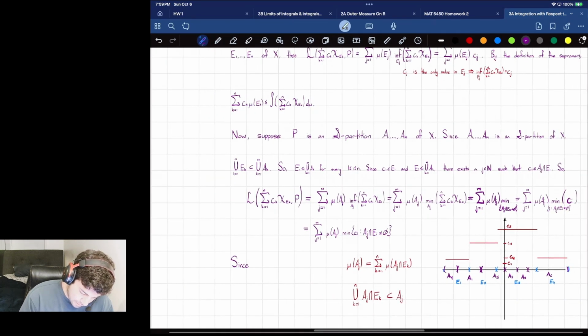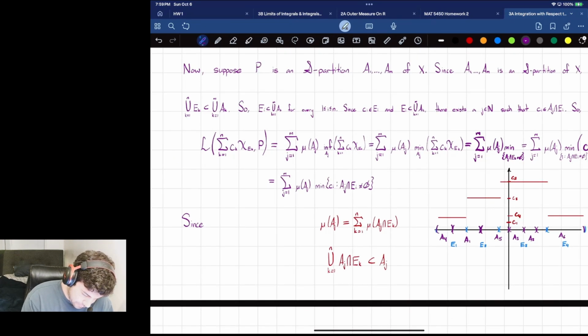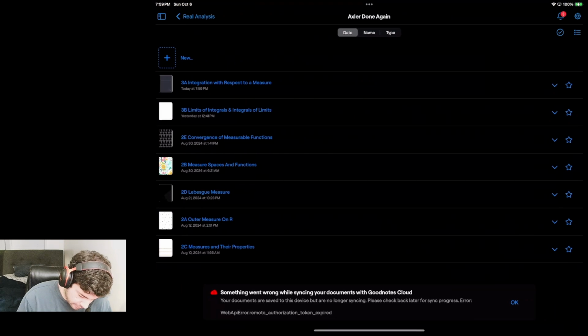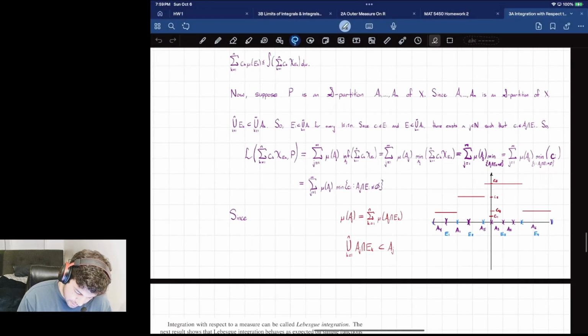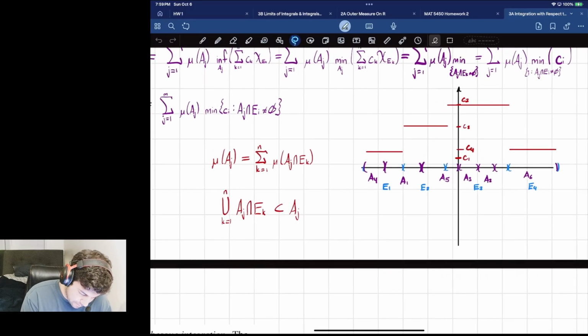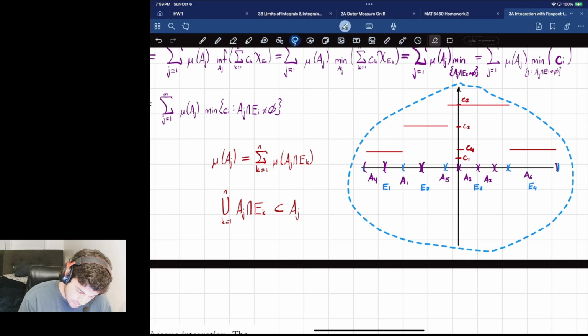I think this is fine. I do want to keep this because this was clearing it up. This simple example cleared it up for me. So let's put it somewhere to the side.